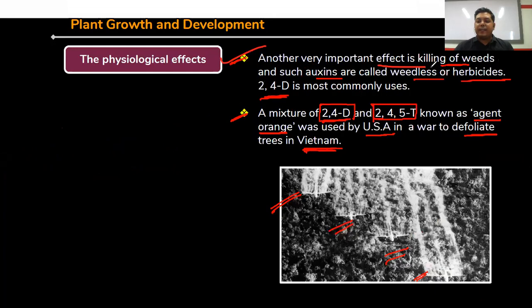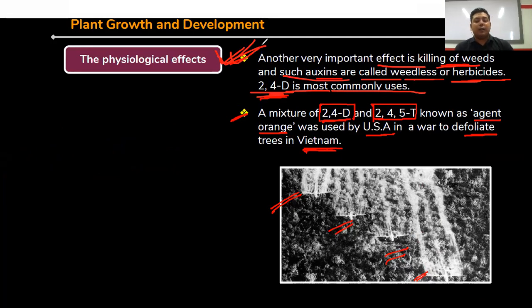Another very important effect is killing of weeds, and such auxins are called weedicides or herbicides. 2,4-D is the most commonly used. This is very, very, very important for your NEET exam. This auxin is produced synthetically or artificially.